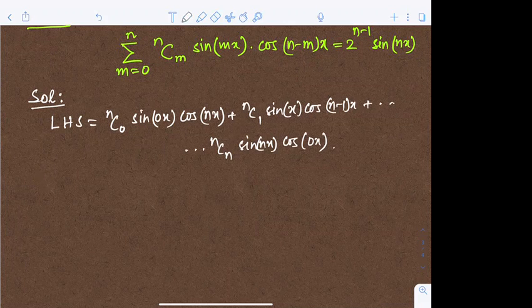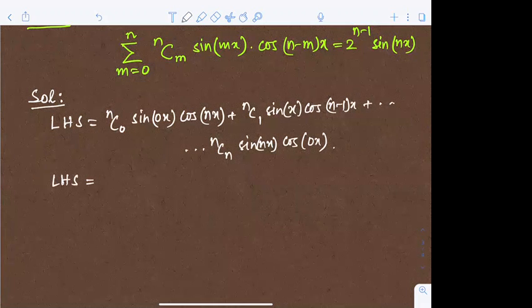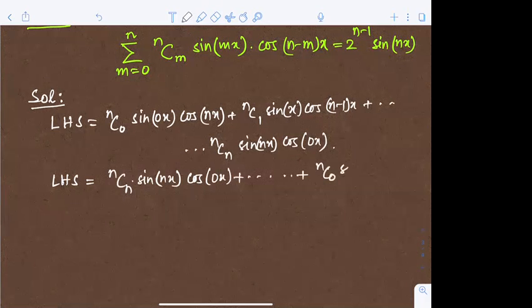So LHS is this. Again, writing this LHS in reverse order: nCn is the first term now, sin nx into cos 0x, plus dot, and the second last term is nC0 into sin 0x into cos nx.